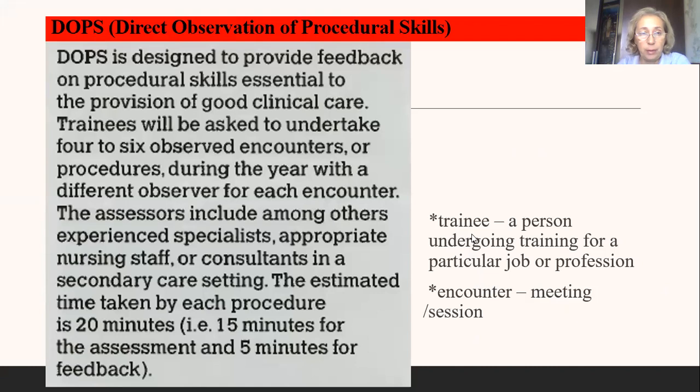One of the words is trainee. It's a person undergoing training for a particular job or profession. We should differentiate between trainee and trainer. The trainer is the person who gives instructions, and the trainee listens to instructions.